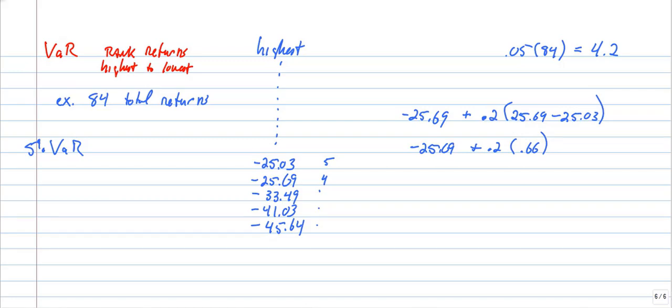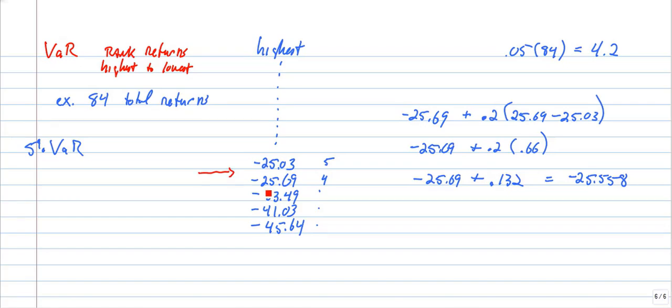So that should be negative 25.69 plus 0.132. And that gives me negative 25.558.